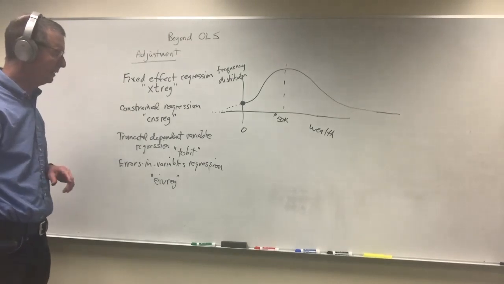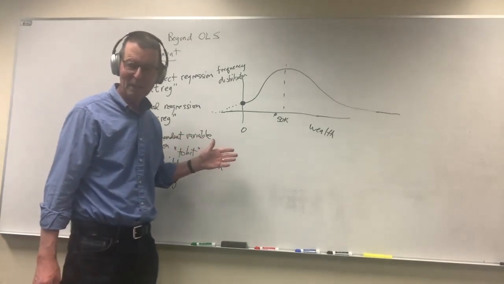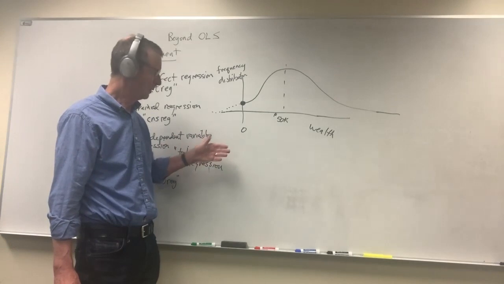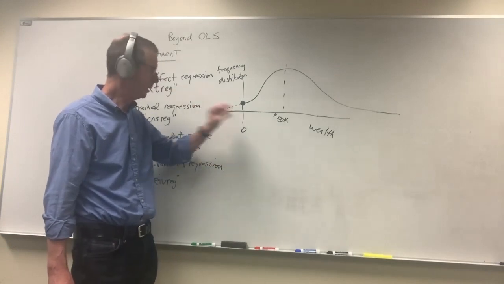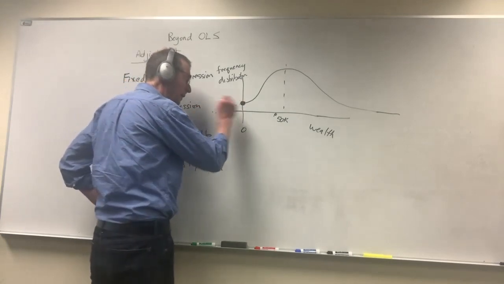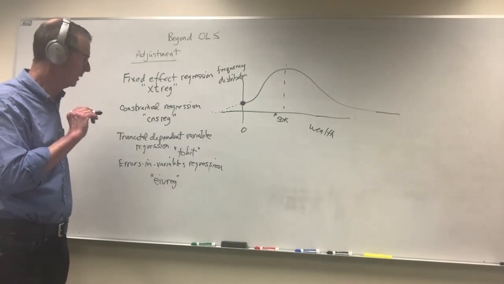So you'd like to have a nice, well-behaved distribution for your dependent variable here. But your data constrains you from observing negative values.